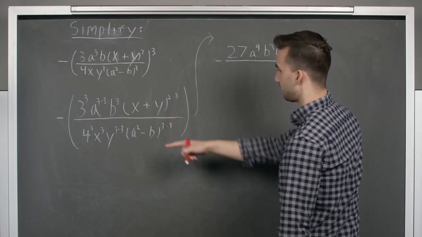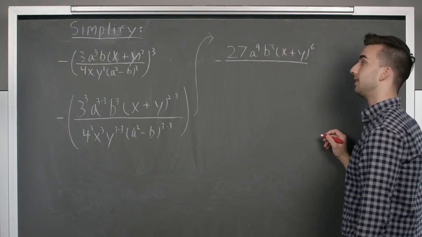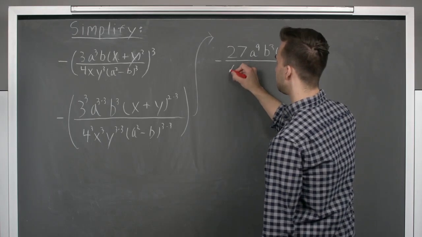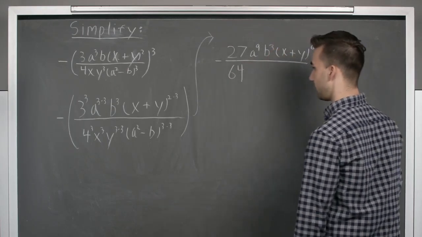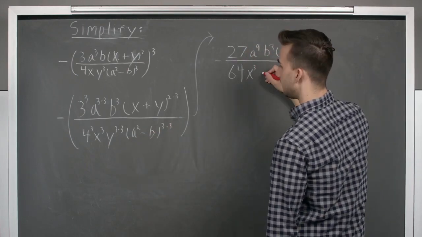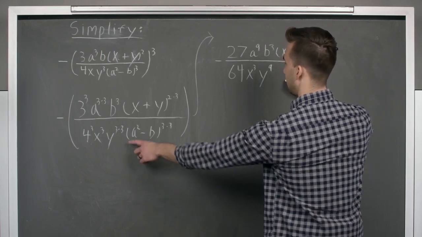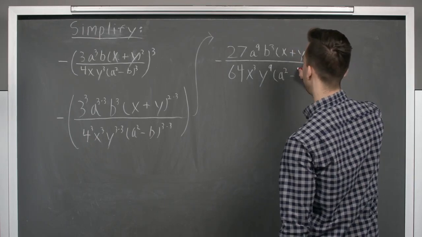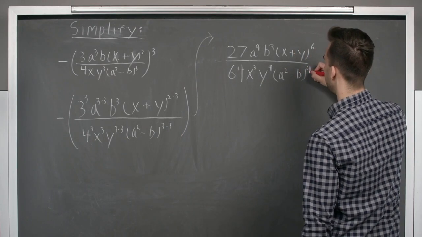Now we have 4 to the power of 3. So 4 squared is 16, and then 16 times 4 again is 64. You can do that in your calculator if you want, but I just did it in my head. Times x to the power of 3 times y to the power of 9 times this factor, a squared minus b, to the power of 9.